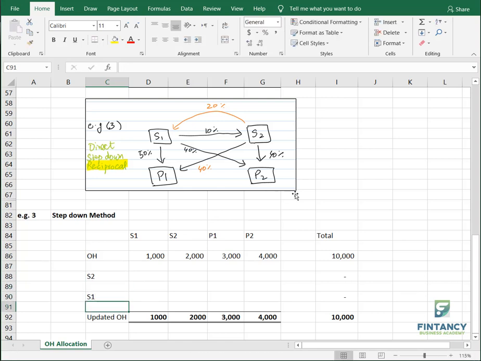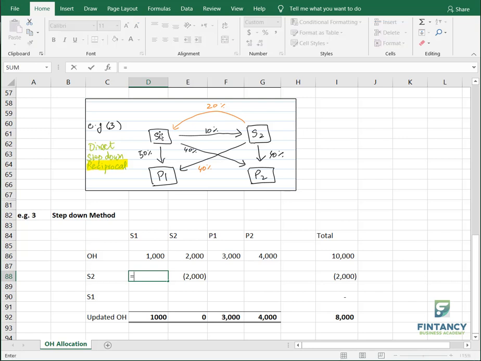Now when I am starting with S2, how much it is? Minus 2000, right? So I will go to S1, no problem. Because this is step down method, I will consider inter-service relationship. So how much S2 is giving to S1? 20%, right? So I will say 2000 into 20%.